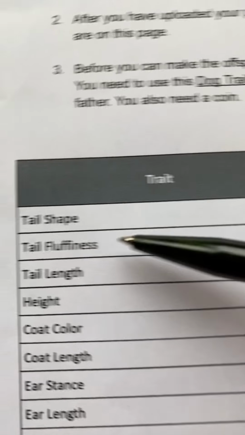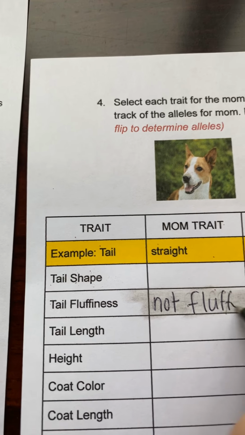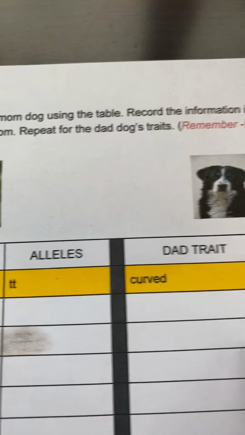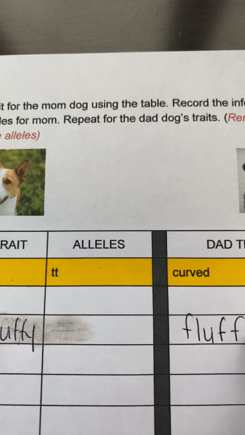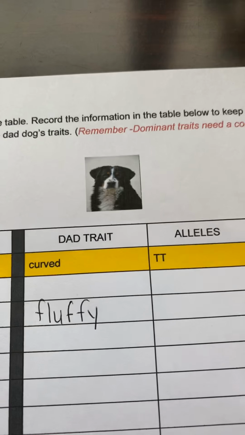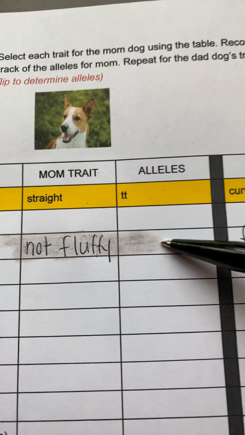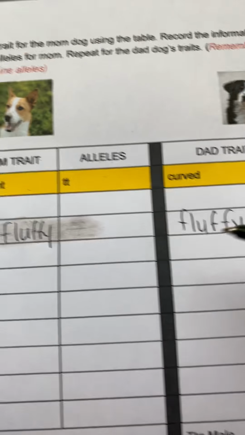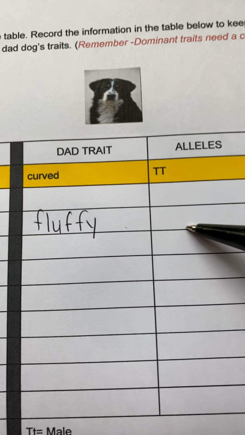So next I go to fluffiness. I look at my mom and her tail was not fluffy, so I'm recording that. And on my dad, his tail was fluffy. So I need to find out what pairs of alleles make a not fluffy tail, and for the dad, what pairs of alleles will make a fluffy tail.